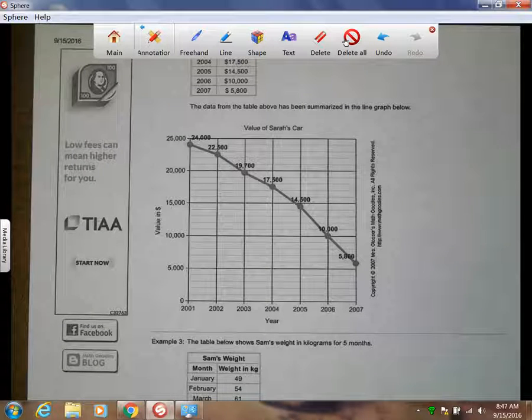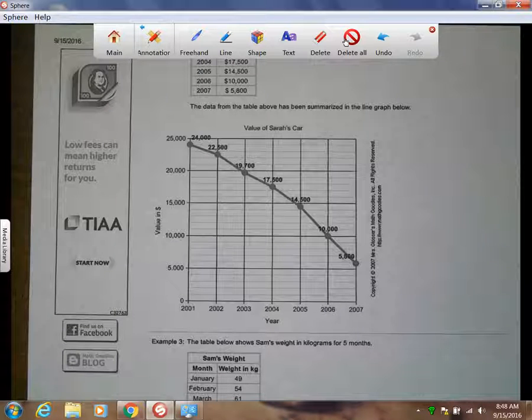You need to be able to do a better job than saying the value is going down. Okay, you're in 8th grade, you can do better than that. You can be more specific. You can say where it started, in what year, where it ended. Did it go down more in certain years than in other years? You need to be able to recognize those things. Don't just say the easiest thing, it went down. You can't get full credit for that in 8th grade.